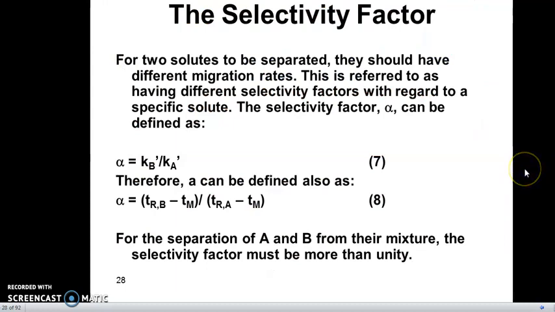Now, we have designed the selectivity factor, which depends on the separations.